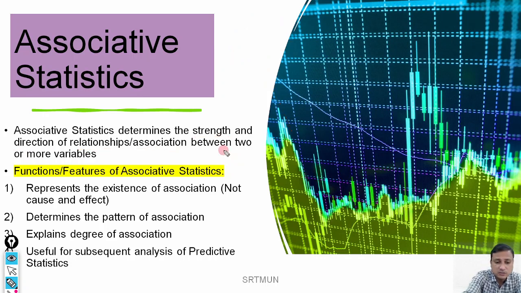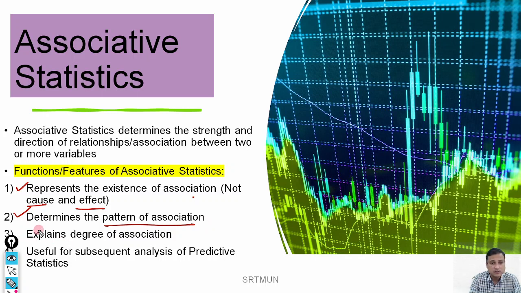What are the features of associative statistics? It represents the existence of association, but it never talks about cause and effect. Cause and effect are answered in regression or predictive statistics. Associative statistics only speaks on the existence of association. It determines the pattern of association, whether positive or negative.